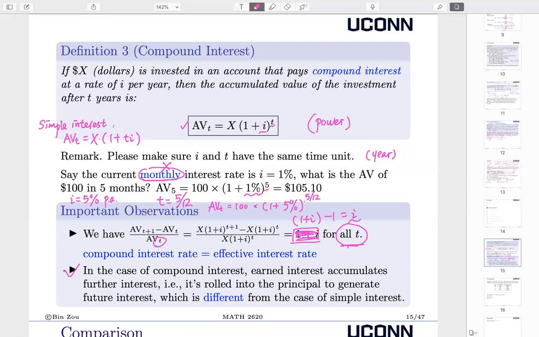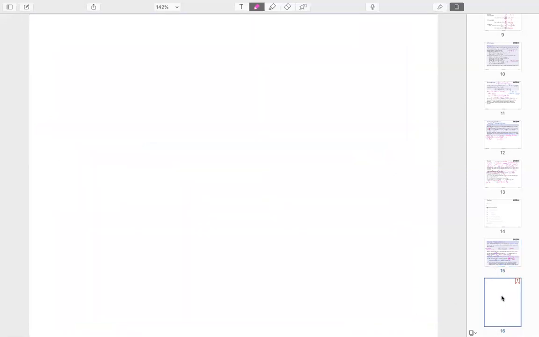Remember, let me add a page. I will give you some mathematical results. So now let's separate. On the left-hand side, we have simple interest. On the right-hand side, we have compound interest.